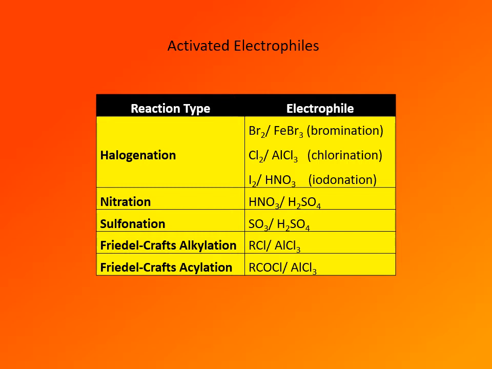Instead, we have to activate such electrophiles by complexing them, reacting them with either Lewis acids or Bronsted-Lowry acids. So we complex those electrophiles with some electron-deficient species to make them more reactive. And such more reactive electrophiles are suitable reagents for reaction with benzene.